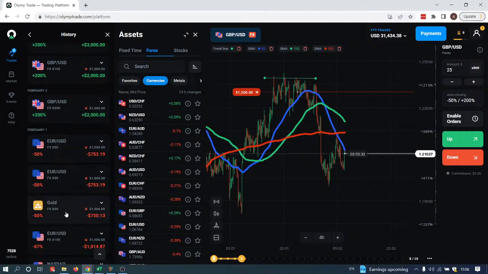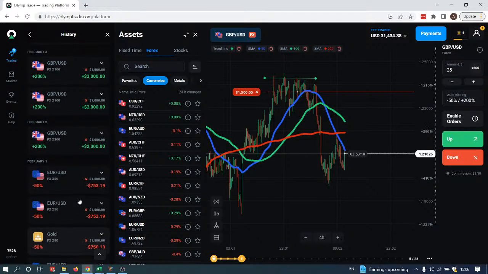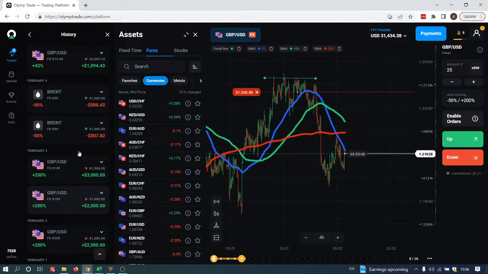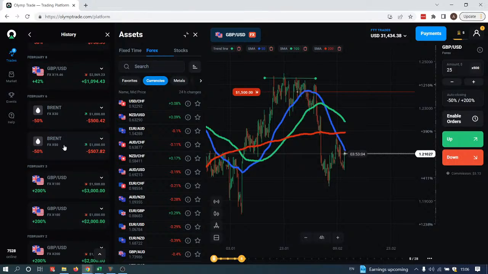For example, from these 3 trades I lost something like $2,250, more or less. And then I managed to almost cover this loss with one profitable trade on the pound here with plus 2,000, and then plus 5,000 here, minus 1,000 here, and plus here.